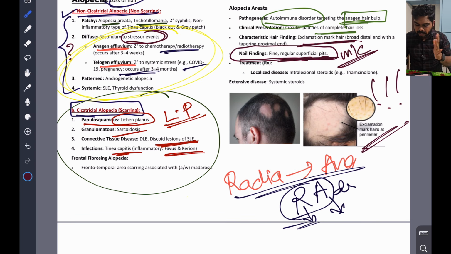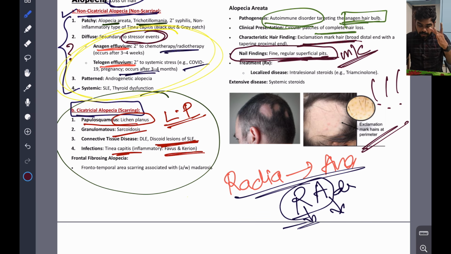Treatment is localized, like intralesional steroid injection. So, the important point is non-cicatricial, non-scarring alopecia. Examples we should know: radiation and chemotherapy induced anagen effluvium, and telogen effluvium post COVID or post pregnancy after 3 to 4 months. And we should know examples of cicatricial, scarring alopecia. They will ask a mixed question like which is scarring alopecia and which is non-scarring among these.